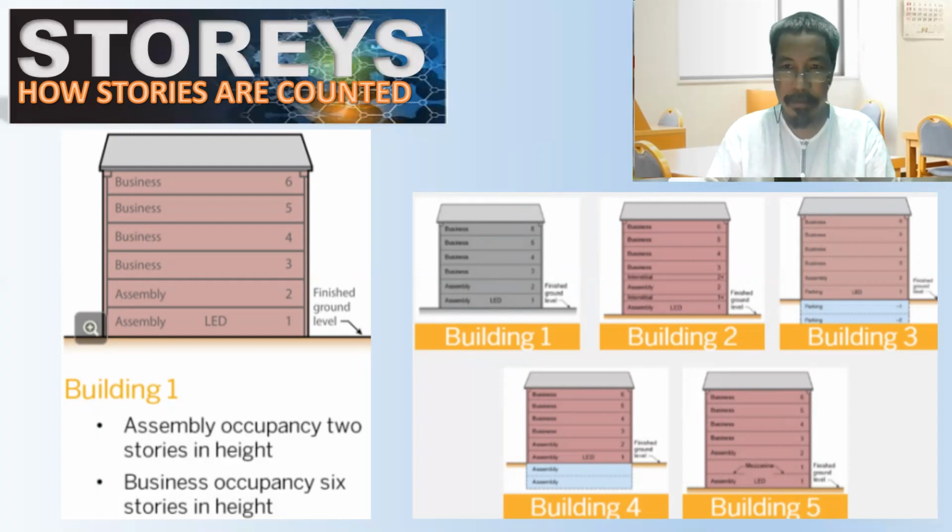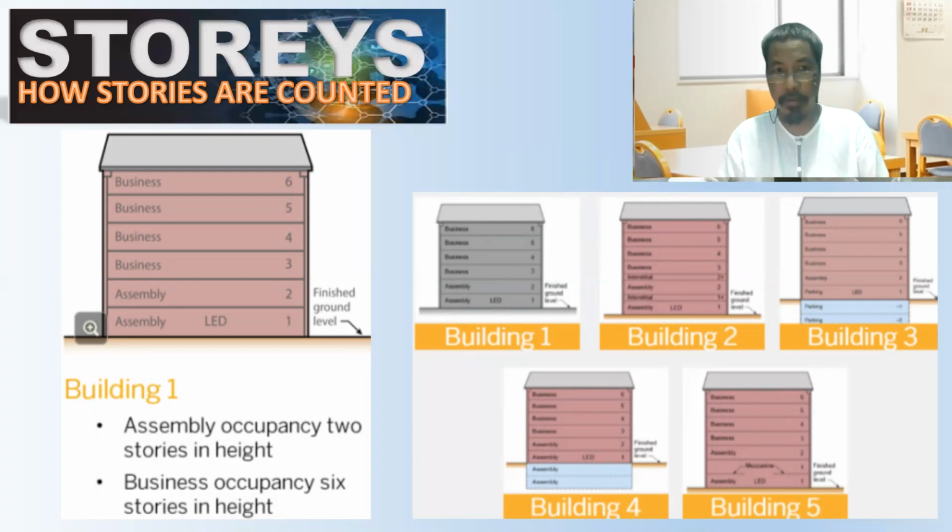This is how we count the number of stories. So we can go to the requirements for assembly. There are 2 stories of this, and also there are 6 floors for business.